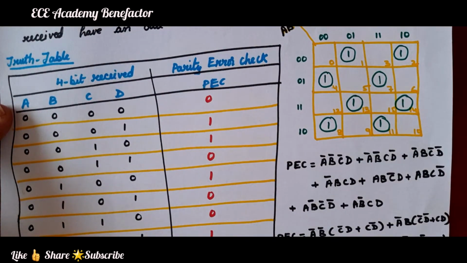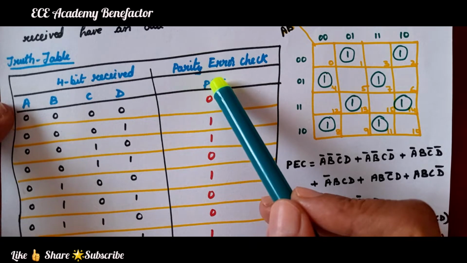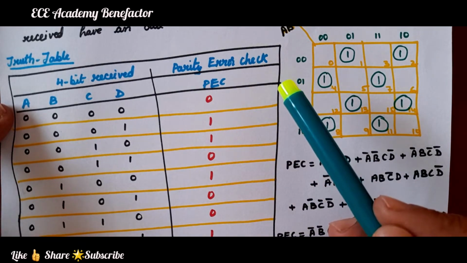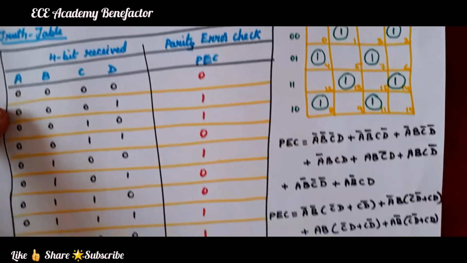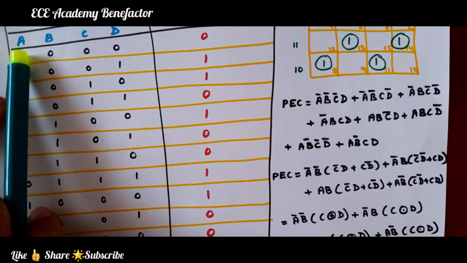So, by these few points you might have understood the parity checker output is denoted by PEC and the parity checker is at the receiver side to check whether the received information is having any error or not. Okay. So, here this is at the receiver side, this is a received message.